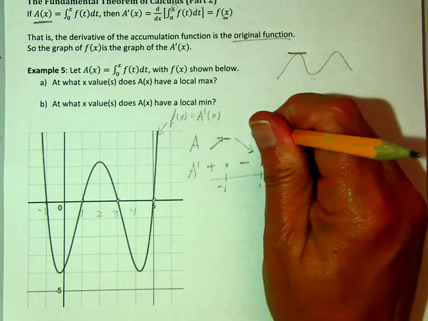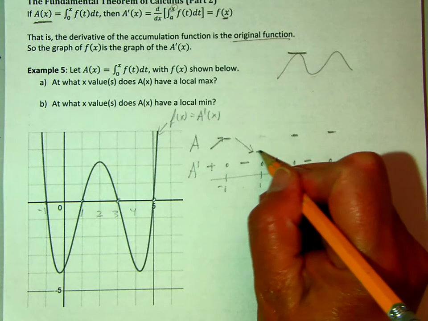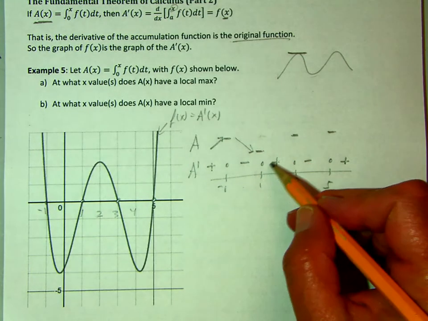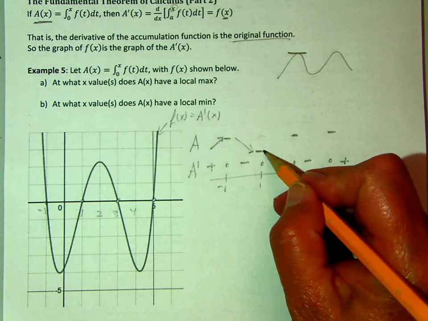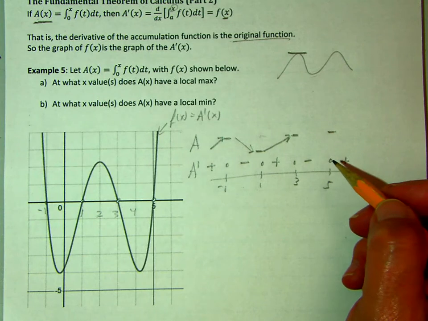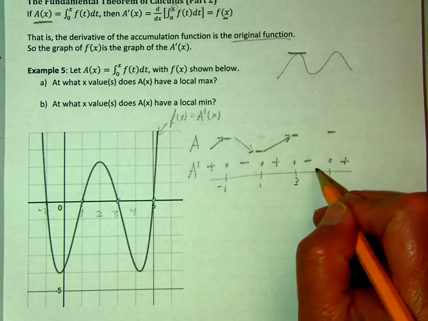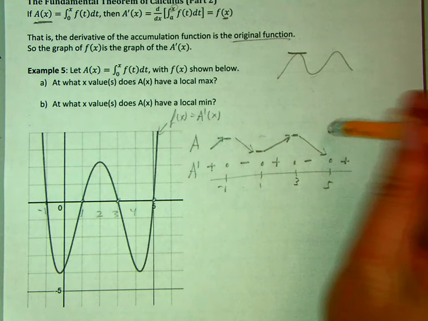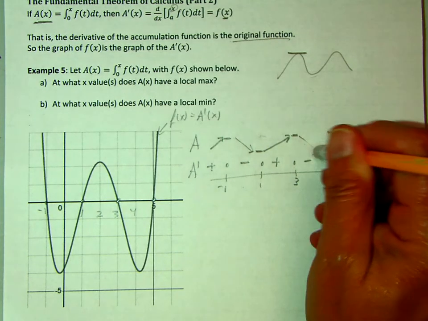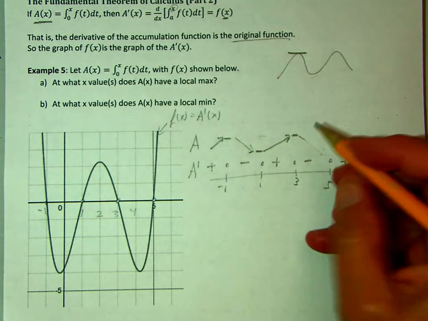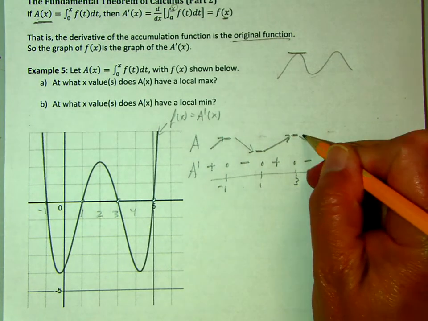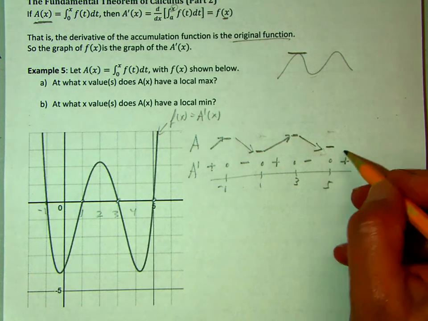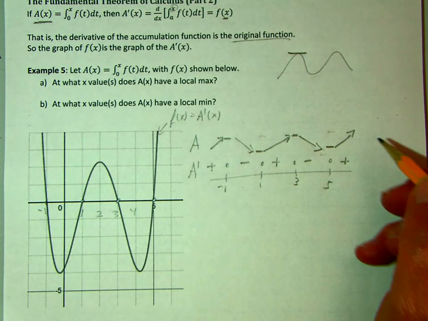So I'm just going to move this flat spot down here so it's connecting. Here, the derivative is positive, so the original function is increasing. Here, it's negative, so the function is decreasing. And again, I'm going to move my flat spot down. And here we're increasing again.